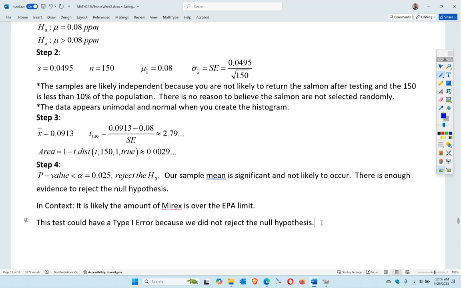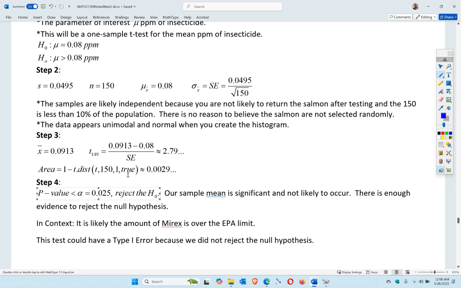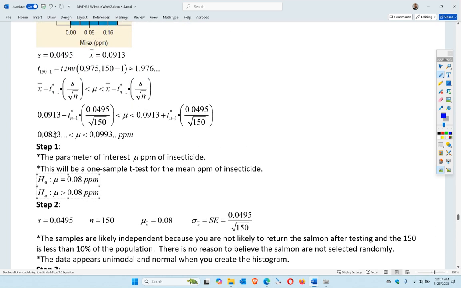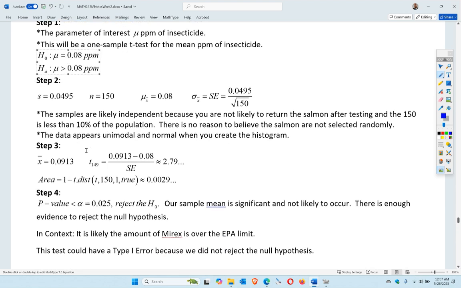So if you look at it, since we did reject it, it's not going to be in the confidence interval, right? So is 8 parts per million in the confidence interval? It is not in there, right? It's falling outside of it, isn't it? Okay.